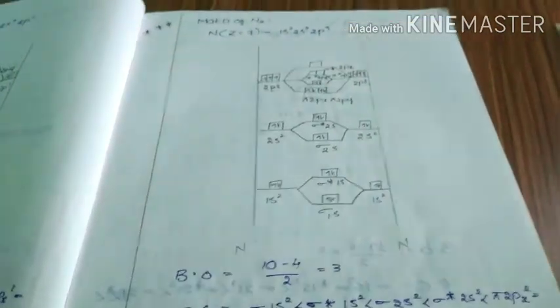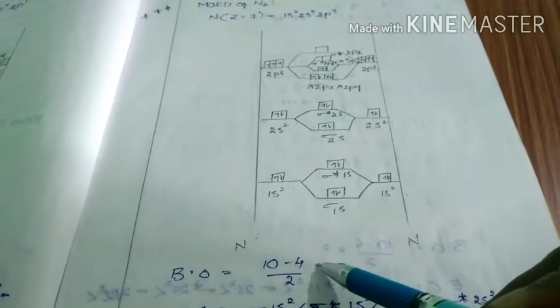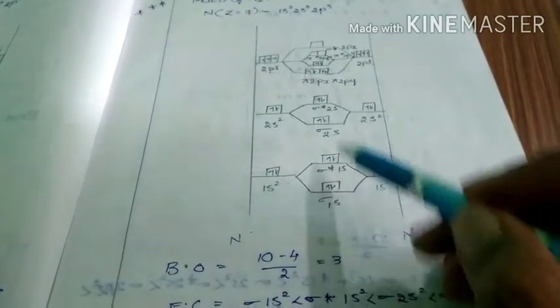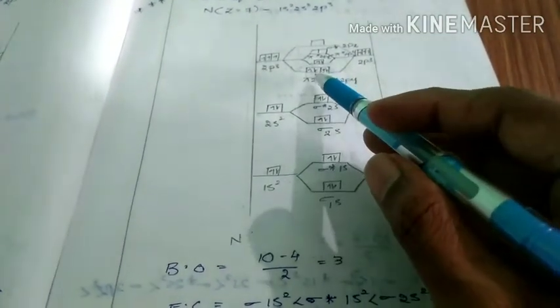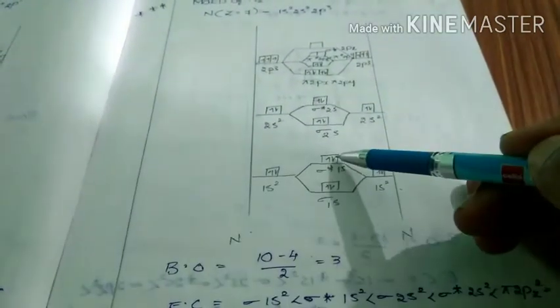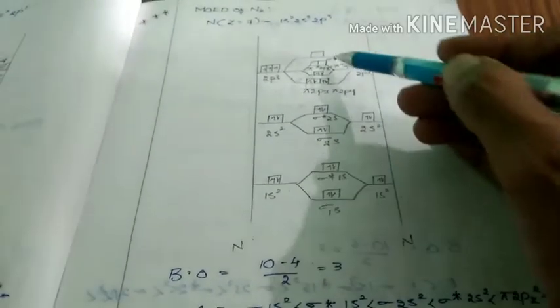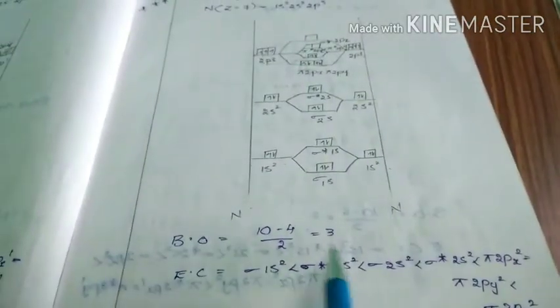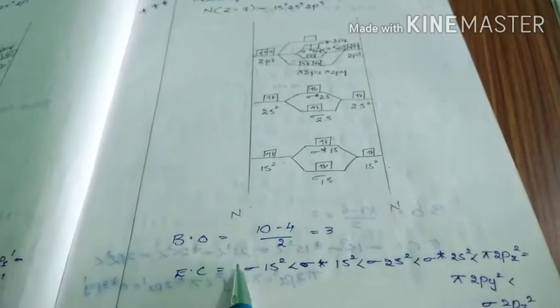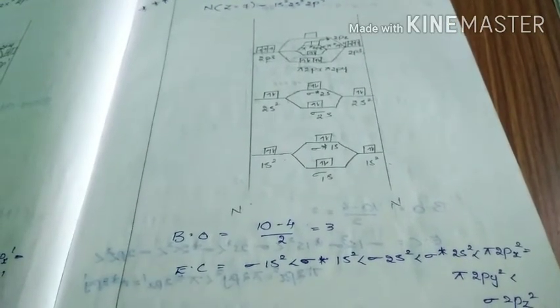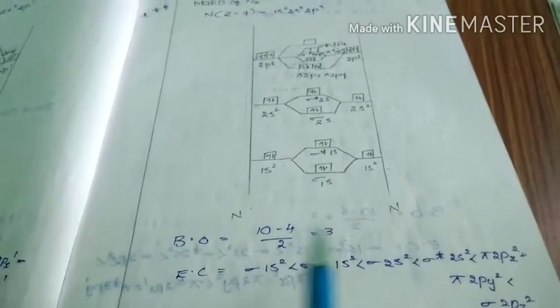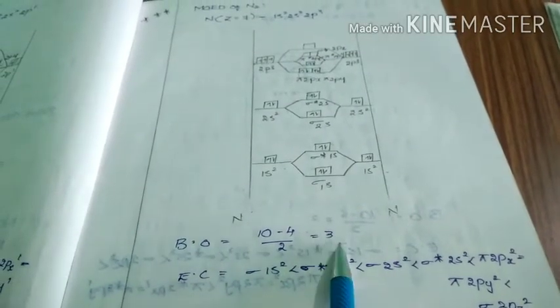Then what about bond order? Bonding electrons minus anti-bonding. Bonding means without stars: 2, 2, 2, 2, 2, total 10. 10 minus anti-bonding, means stars: 1, 2, that means 4. Here no electron. So 10 minus 4, by 2, is 3. So this is the bond order. That indicates that between 2 nitrogens, 3 bonds are present.